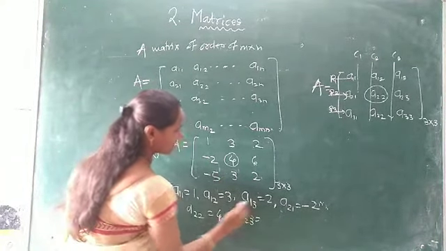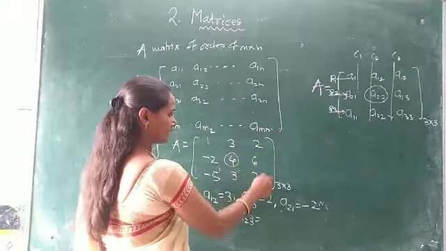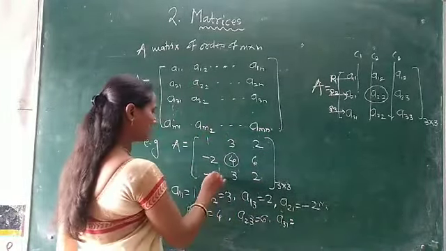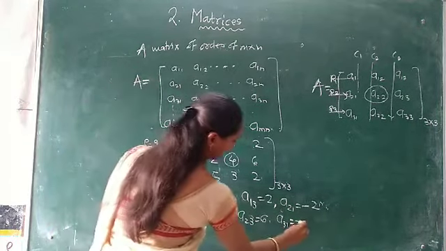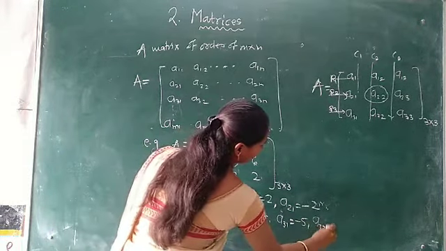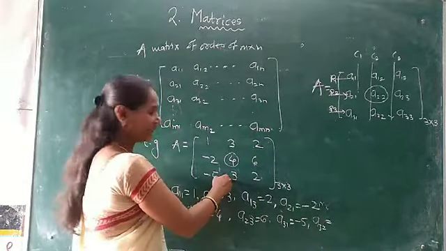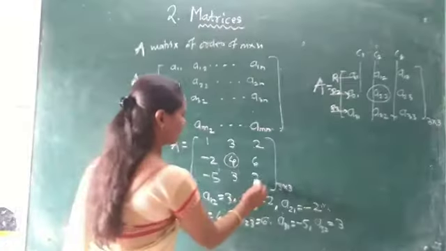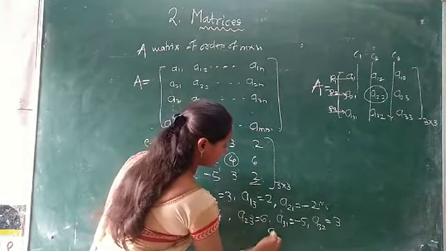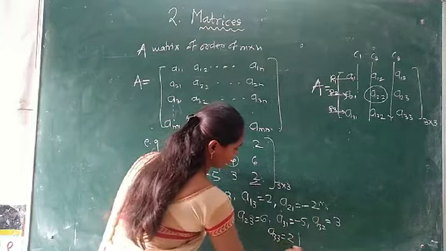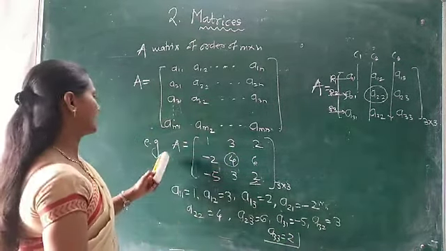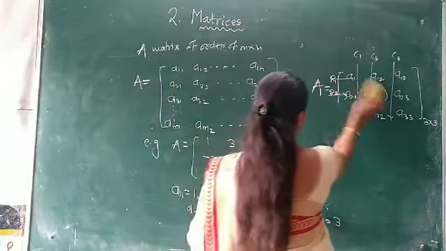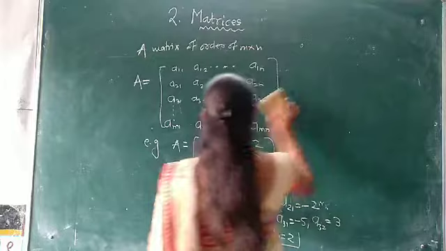A23, second row, third column, is 6. A31, third row, first column, is minus 5. A32 is 3, and A33, in the third row and third column, is 2. These are the elements in the matrix A. So generally we write the order as m by n.